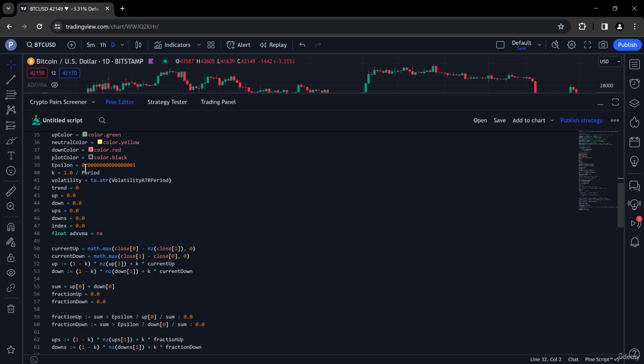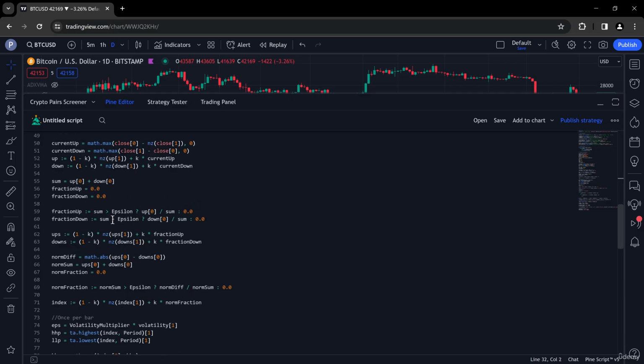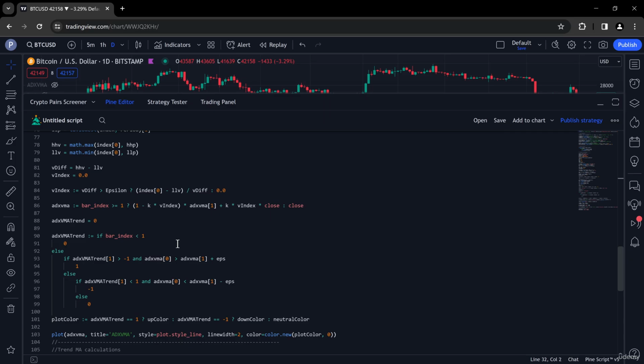This section is using the ATR indicator, is using the max function, is calculating ups and downs, deltas of the price movements, and in the end eventually it calculates the ADX VMA moving average itself that we are going to plot on this line on our chart.